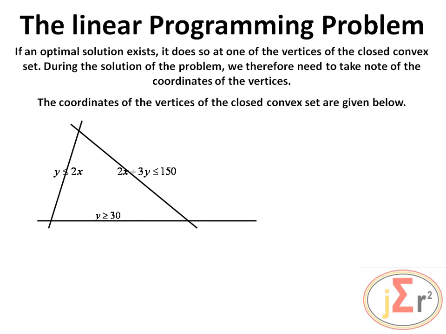The coordinates of the vertices of the closed convex set are given below. So now we are going to insert the coordinates. The first one, 18.75 for the x value, and the y value is 37.5. This one, x value is 30, y value is 30.